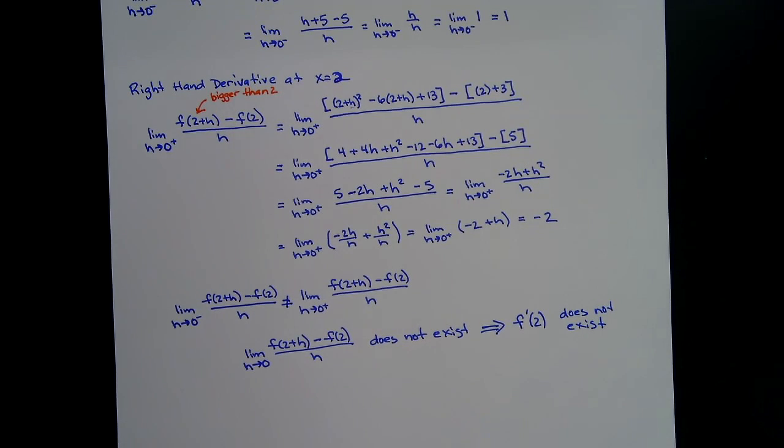So what we showed is the function f does not have a derivative at x equals 2, because otherwise we would get a number for that. Okay, guys, that's it for today.